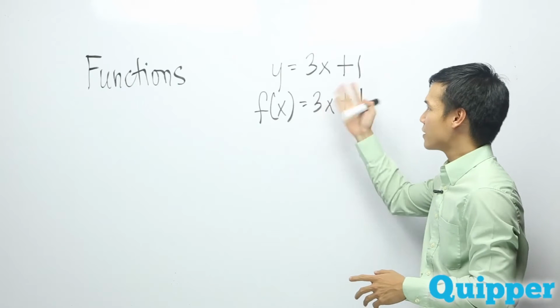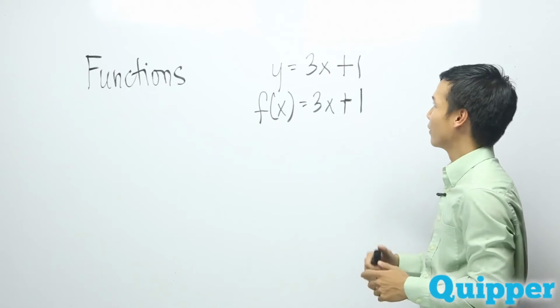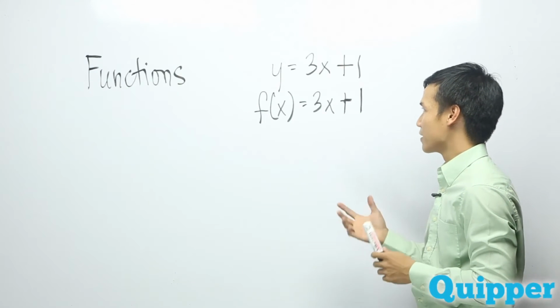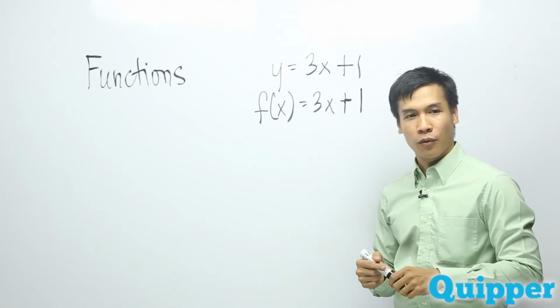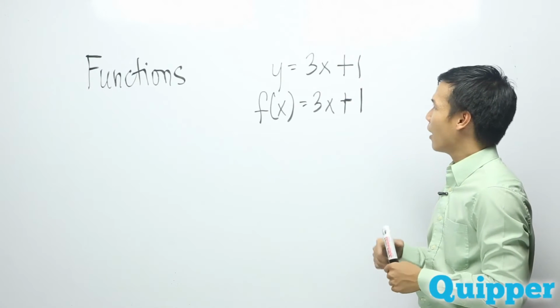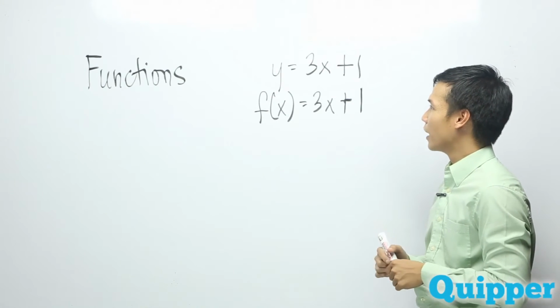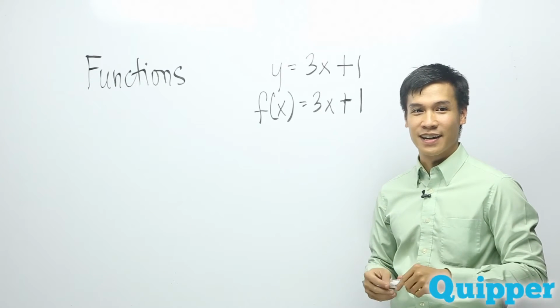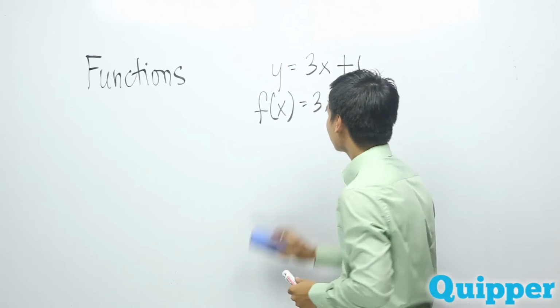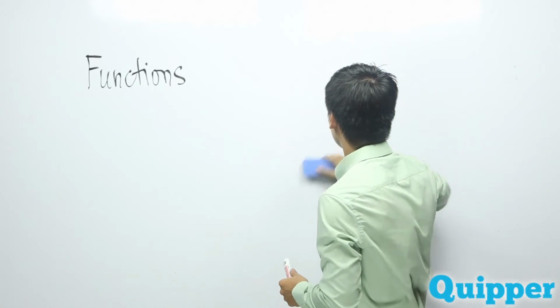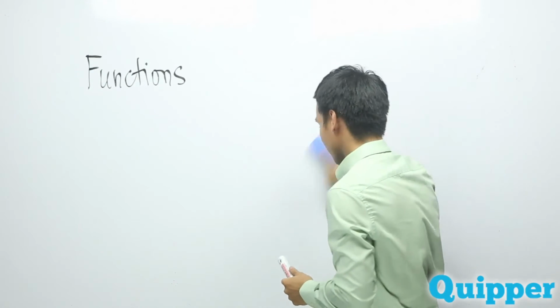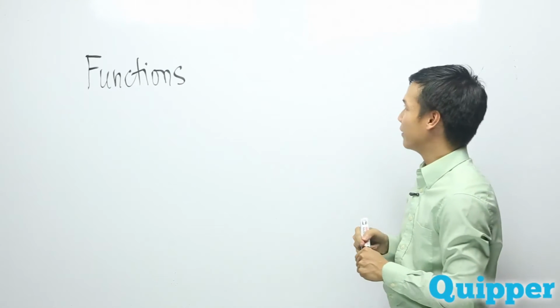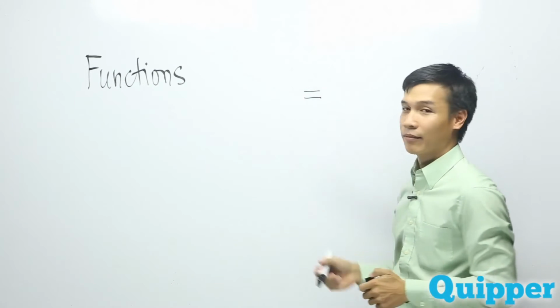So given these two examples, y is equal to 3x plus 1, f of x is equal to 3x plus 1, one cannot help but ask, how can we distinguish now if an equation is a function? There is a huge difference. An equation is normally denoted by the equal sign.